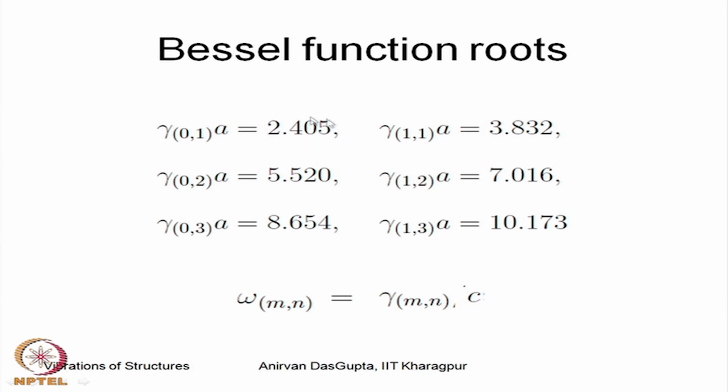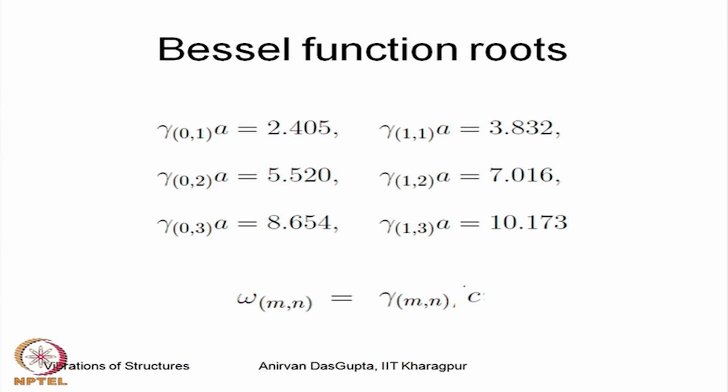These are with m equal to 0, these 3 that we have seen, and this is with m equal to 1: the first root, the second root, etc. And therefore, the circular eigen frequency or natural frequency of the circular membrane is given in this form.